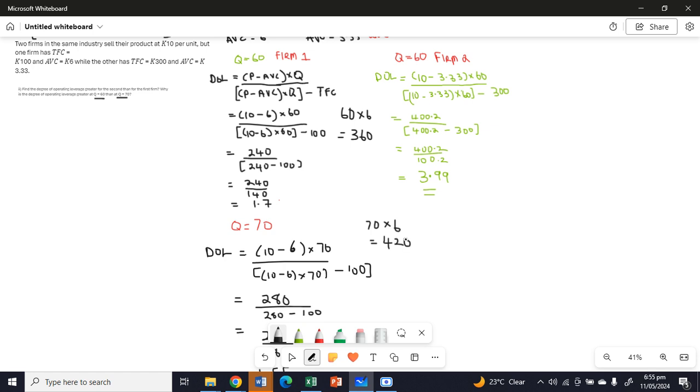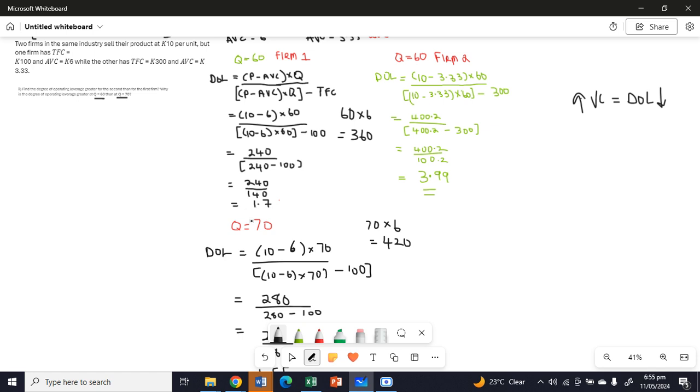What you're supposed to remember, colleagues, is that the degree of operating leverage and the variable costs have an inverse relationship. When your variable costs go up, the degree of operating leverage goes down. Here it has gone down by a small amount, but if you keep increasing the quantity, the degree of operating leverage gets smaller and smaller.